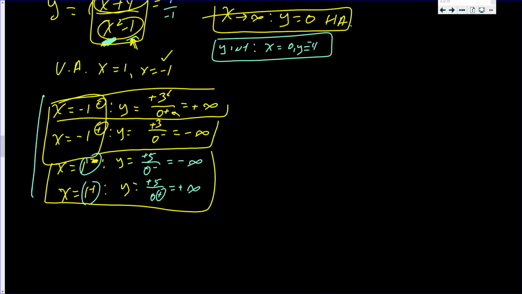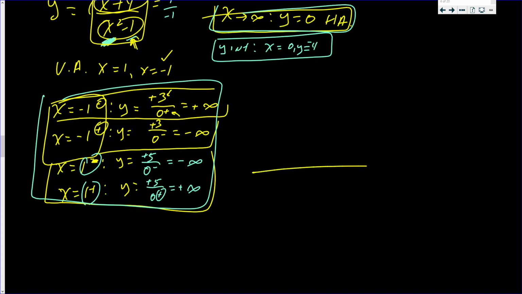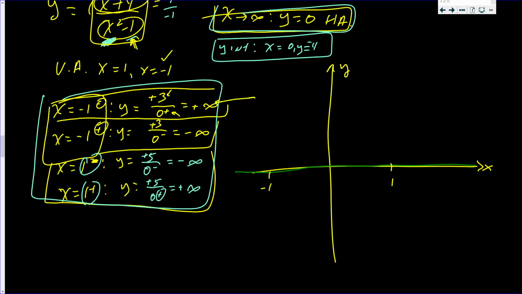The key things are the horizontal asymptote and the y-intercept. So, the horizontal asymptote is along here. Coincidentally, it's the x-axis. You have vertical asymptotes at 1 and negative 1. So let me draw them. 1, negative 1.